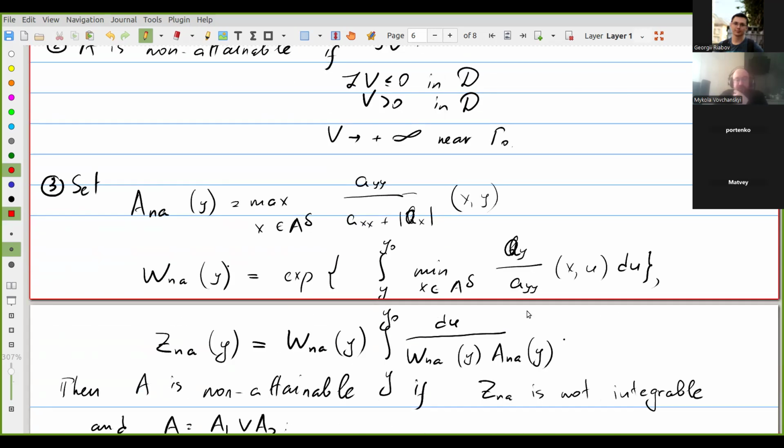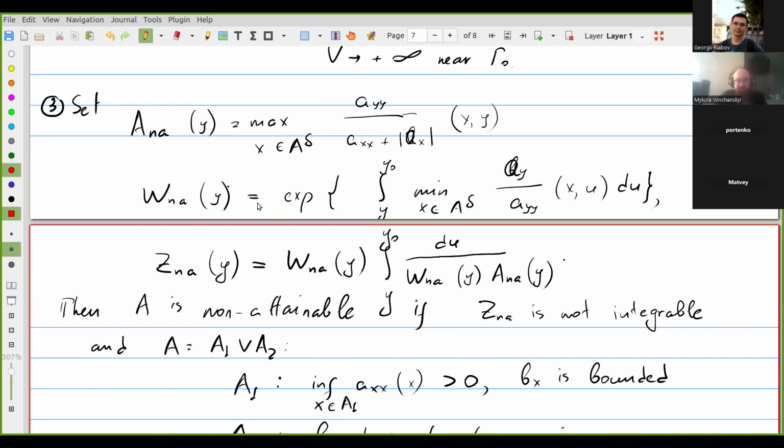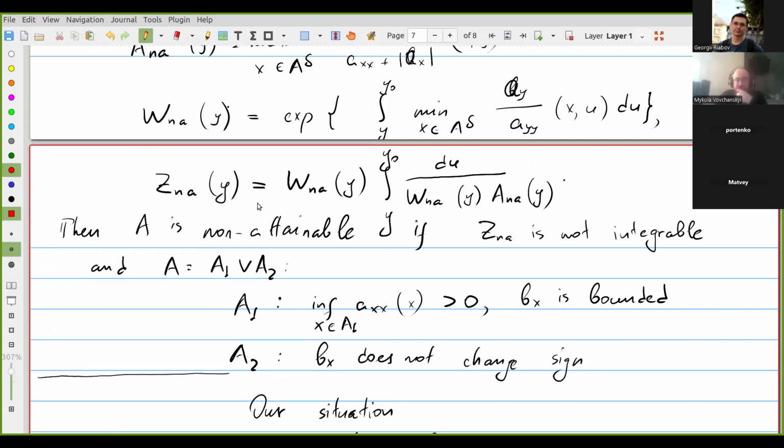And one does a similar transformation of the classical Feller test, but possibly switching minimum and maximum, to obtain the result that this part of the boundary cannot be hit by our process if this function cannot be integrated near 0. And there are technical assumptions.